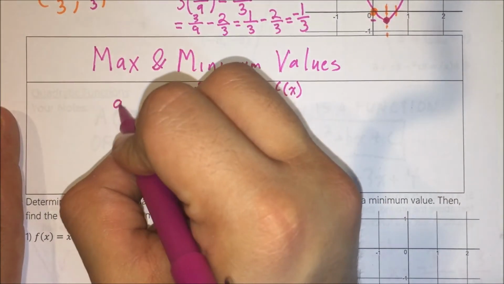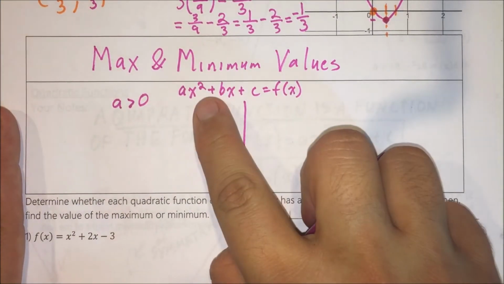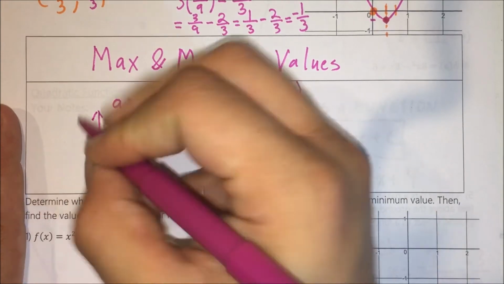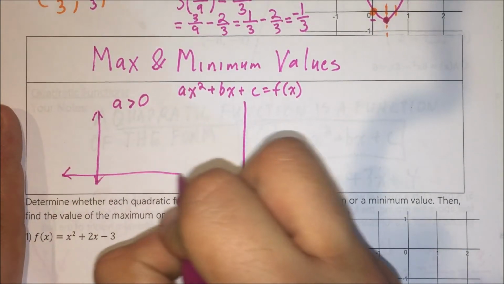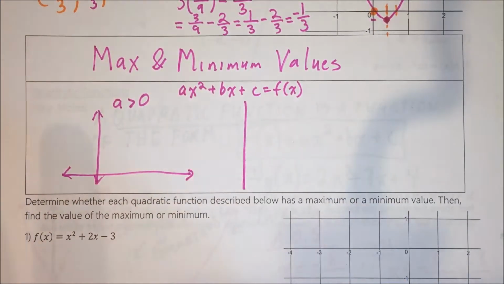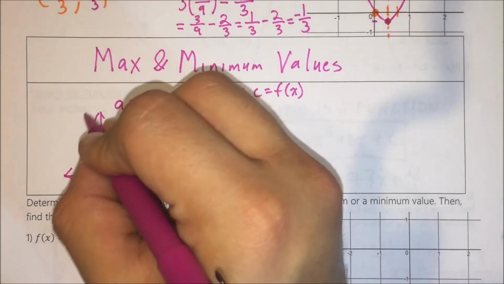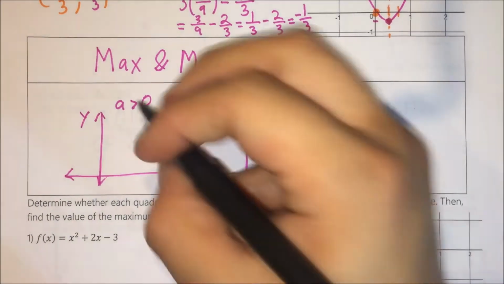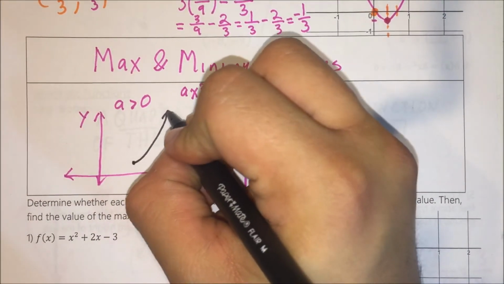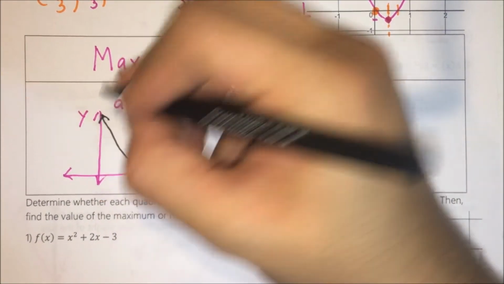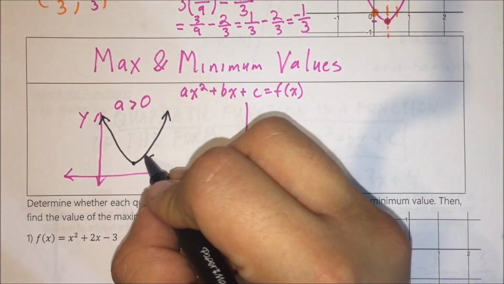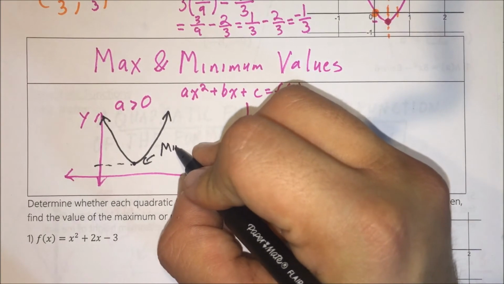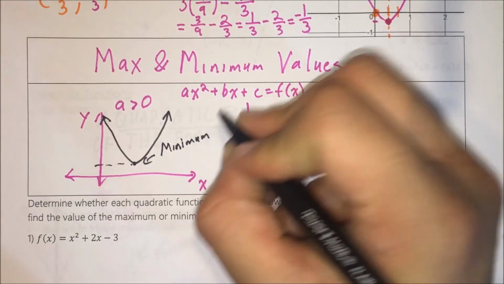Well, first of all, if the number in front of the x squared is positive, so if it's greater than 0, then we know the graph will have a minimum. So for example, I drew a little xy plane here. We know that this function is going to look something like this. Like that. And we know that the y-coordinate of that point right there is our minimum value. That's our minimum.